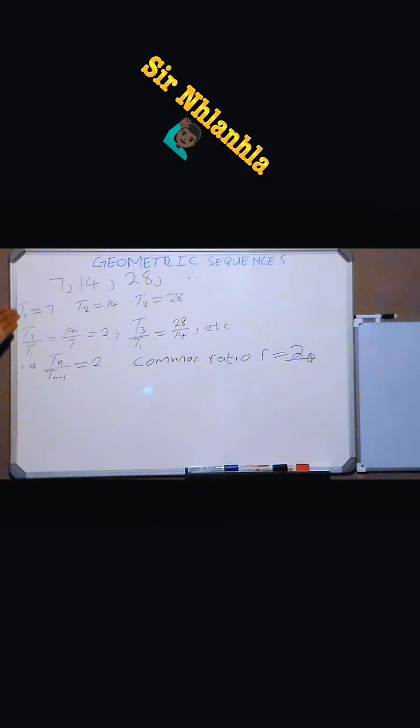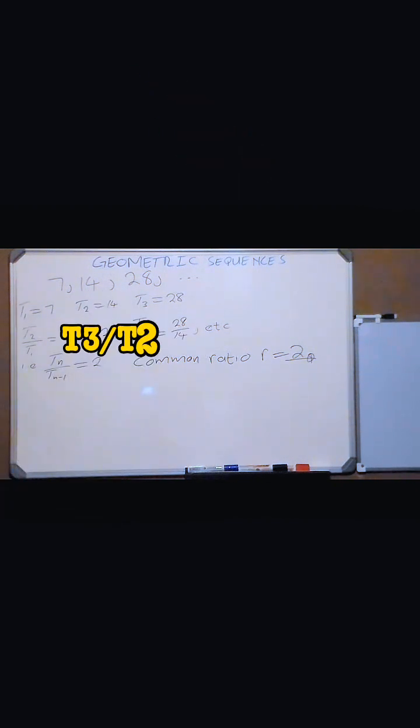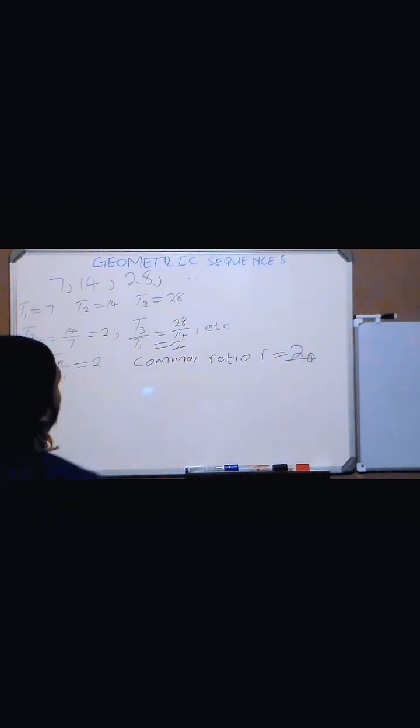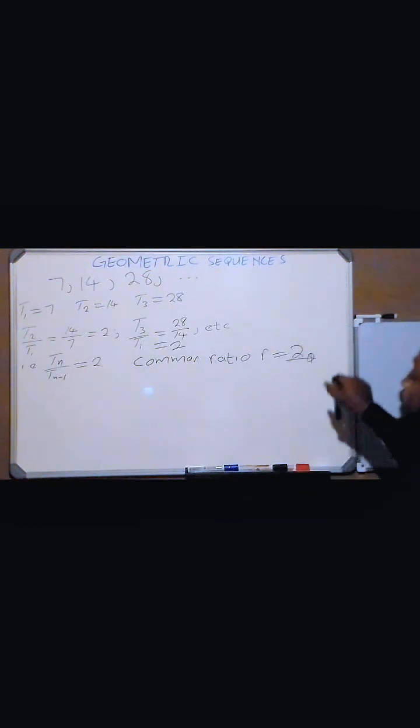So if I divide T2 by T1, this is 14 over 7, I get 2. Divide T3 by T2, 28 over 14, again I get 2. So we are saying that Tn over Tn minus 1 gives us 2. In every successive term, if the sequence continues, we are expecting a common ratio of 2 when we divide the next term by its previous term.